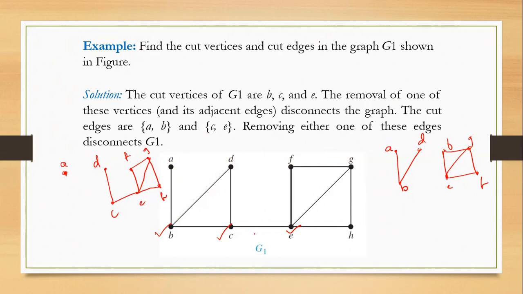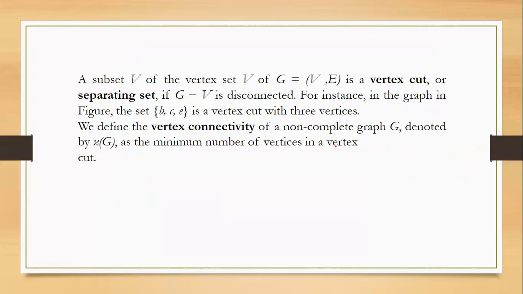Similarly, if the CE edge is removed, then also the graph will become disconnected. But what about any other edge? If I remove FG, F and G will still be connected to E and H. So in this way you can verify for all the other edges.